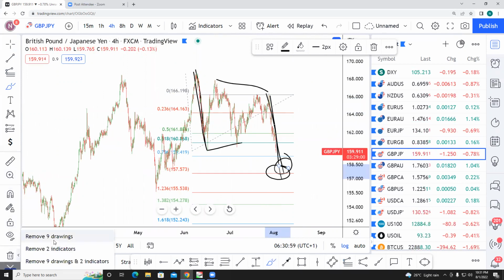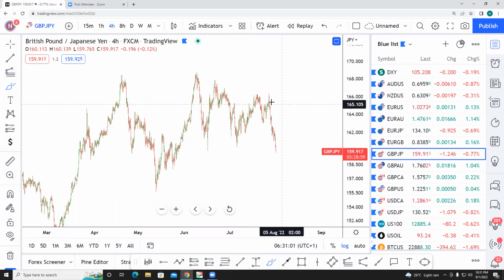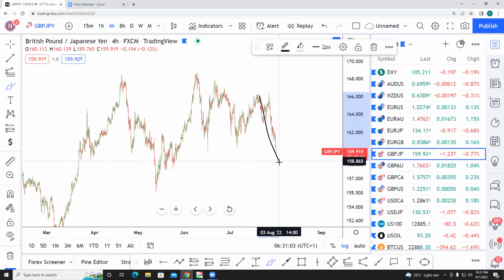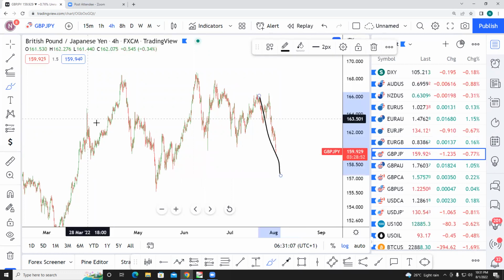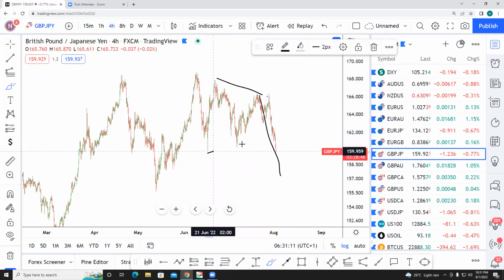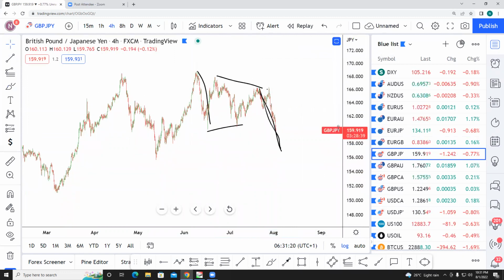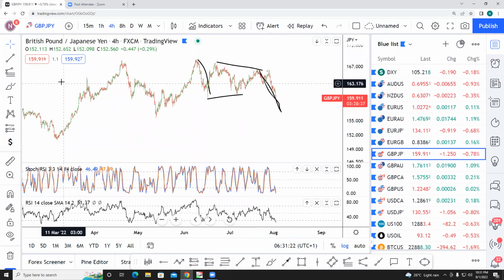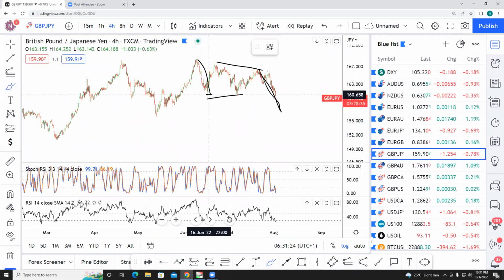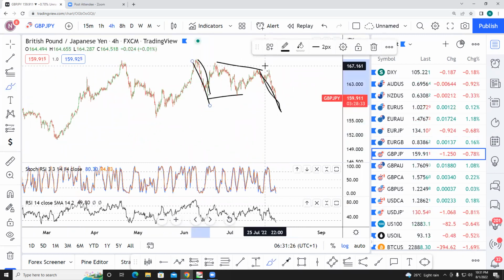Okay, and at 157.50, we expect there to be a reaction. This leg should come to this area, 157.50, and once it gets here, this structure is complete at that level. And then we're expecting a structure to unfold. At that level, we have to see our divergence, to see this leg, this push, and this push.